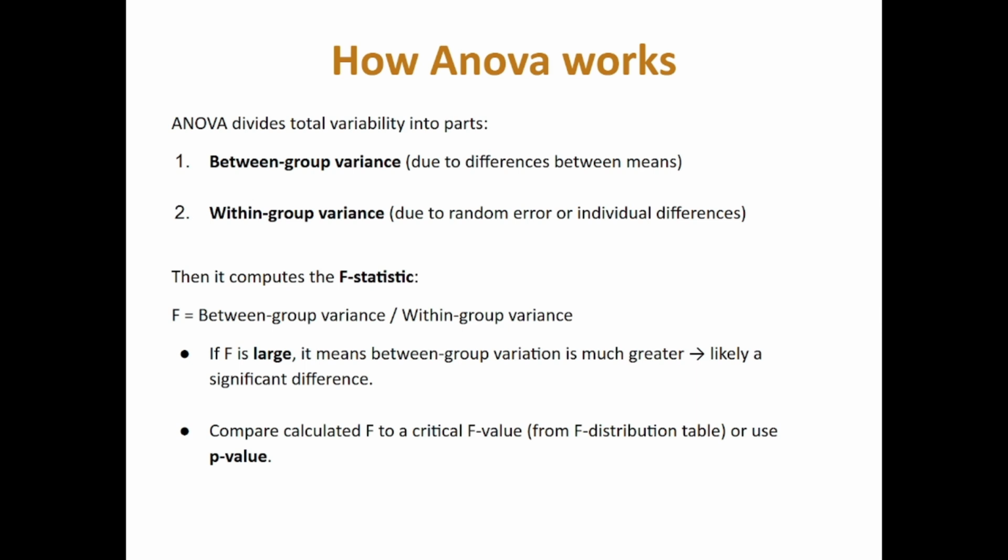There we compared the computed chi-square value with the critical chi-square value. Here also you need to compare both values and see whether the calculated value is greater than the critical value or less than the critical value, and based on that you can accept or reject the null hypothesis. You can also use the p-value concept in the ANOVA test.